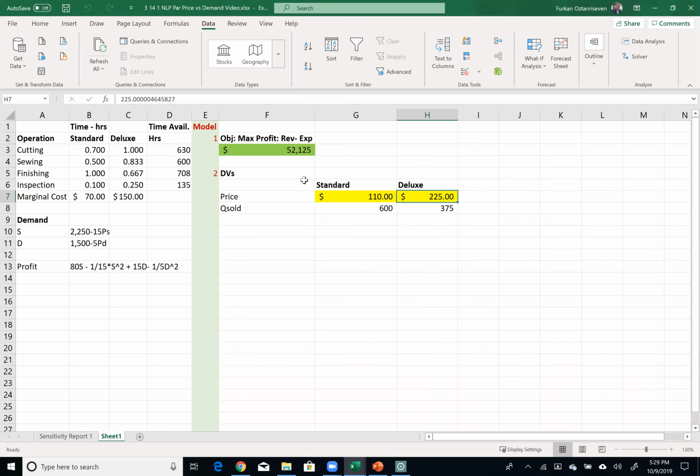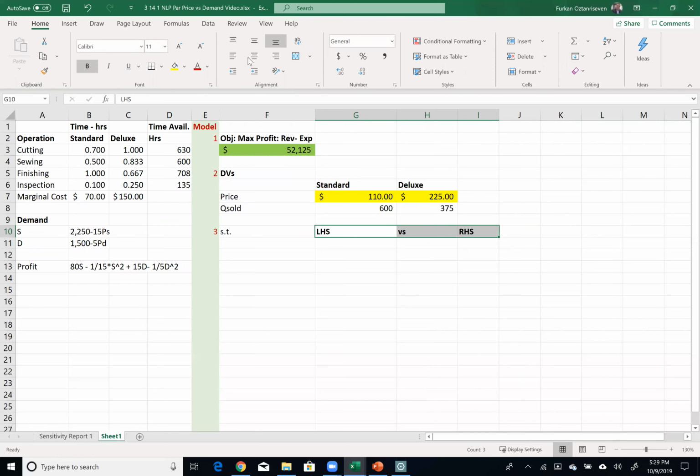So this is something that's not reachable because this is not a feasible solution. Why? Because I have constraints, the third component of my model. Let's introduce my constraints, subject to left-hand side values versus right-hand side values. All right, so the right-hand side values are given to me: 630, 600, 708, and 135.